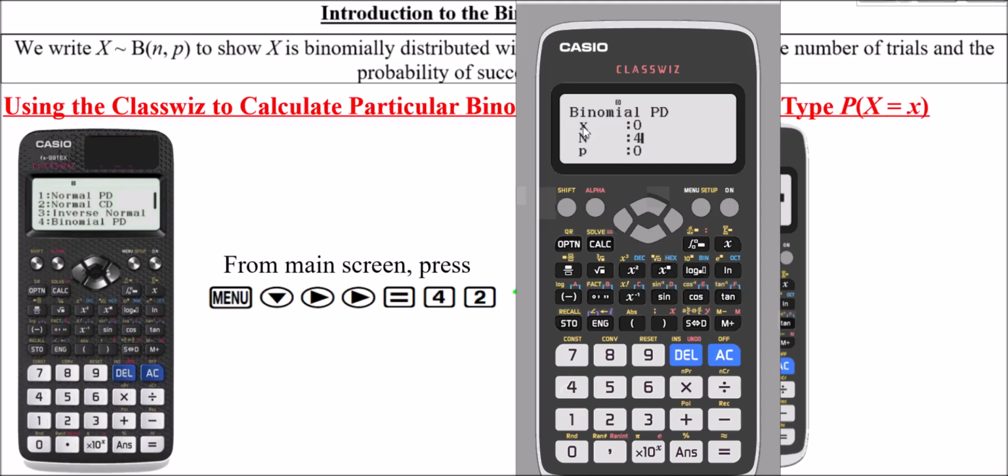The number of games you want to calculate the probability of him winning is 2, so we scroll up and press 2, then equals. Then for P, we type in the probability of Sean winning, 0.4, and press equals again. That's what we get, and if you compare that to the notes from before, that is indeed the probability of Sean winning 2 out of the 4 games.